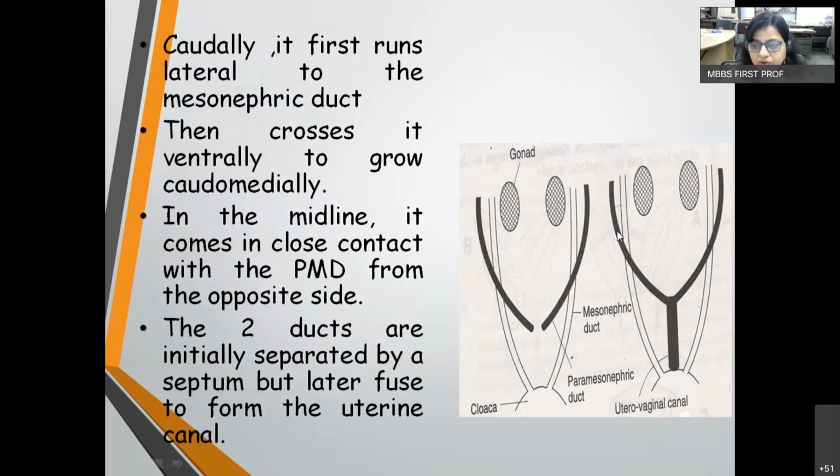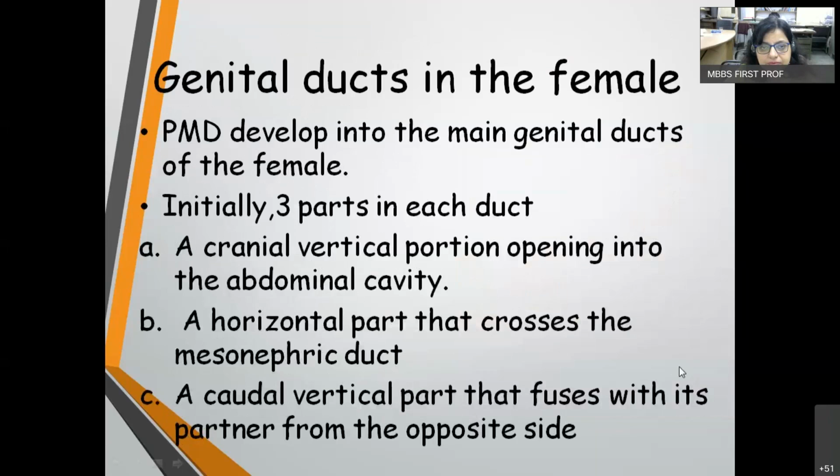So this part, the open end, is responsible for the formation of fallopian tube, which has the fimbria at its end, and the medial part gets absorbed and forms the uterus, the fundus of the uterus and the body of the uterus, along with the upper 1/3 of vagina. This is the explanation as I've told you just now.